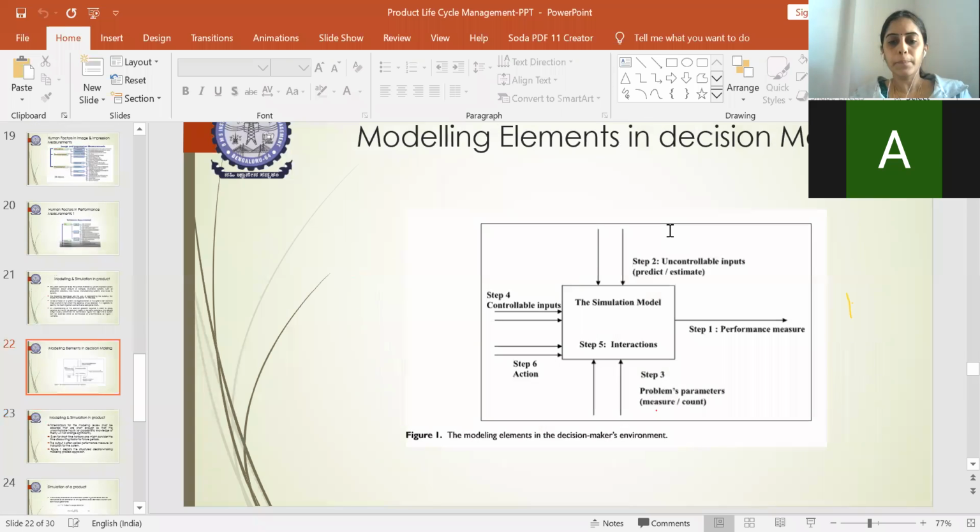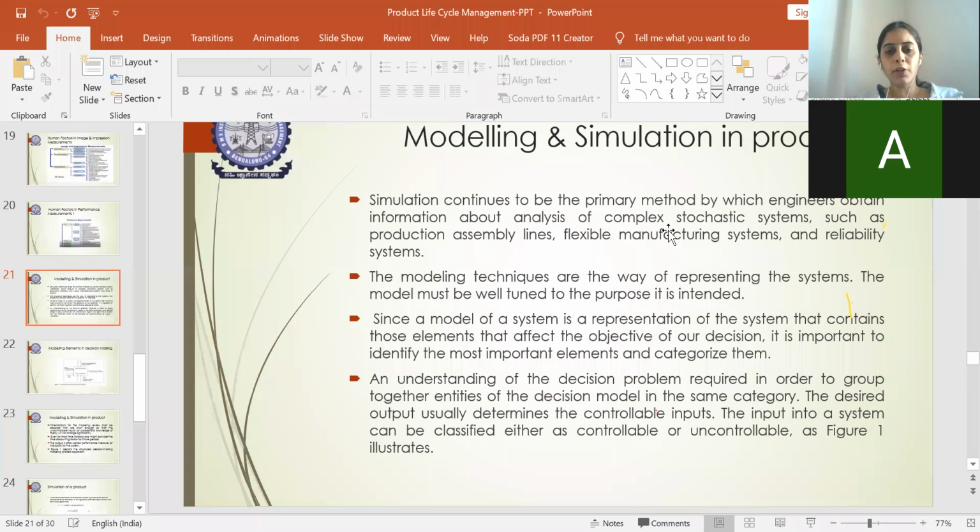Okay, so this is about the simulation model. So I can go directly here. The one thing you have to understand here is the normal definition for simulation. It continues to be a primary method by which engineers obtain information about the analysis of complex stochastic systems such as production assembly lines, flexible manufacturing systems, and reliability systems.